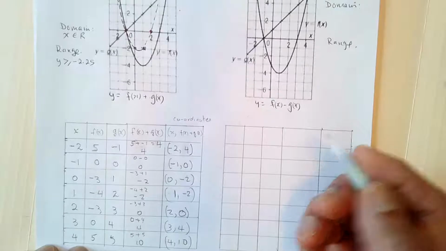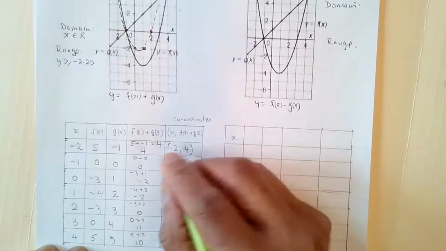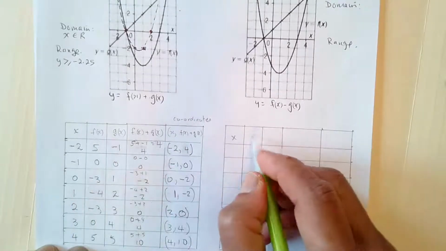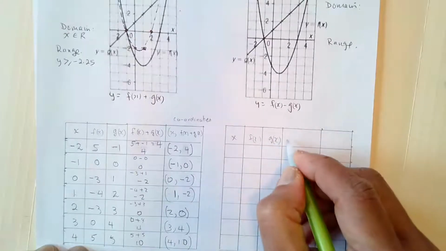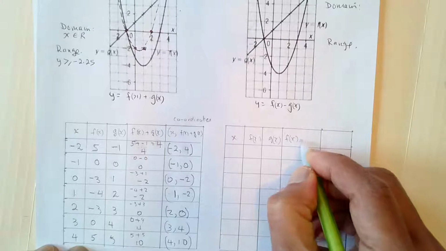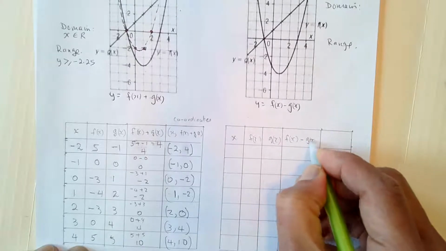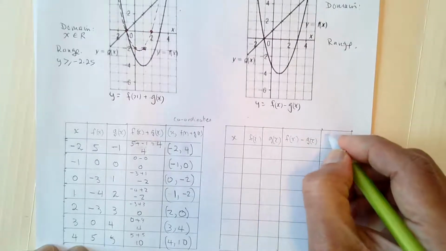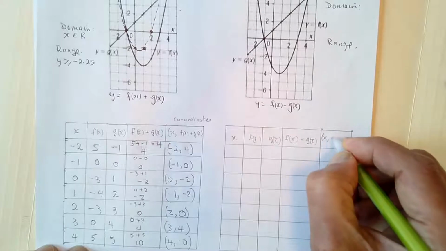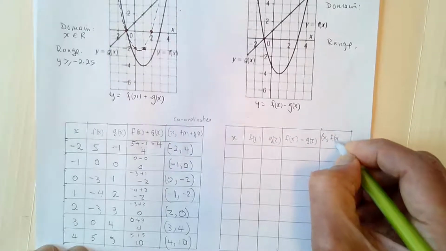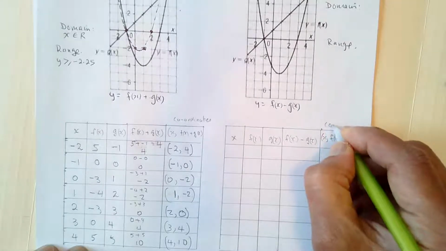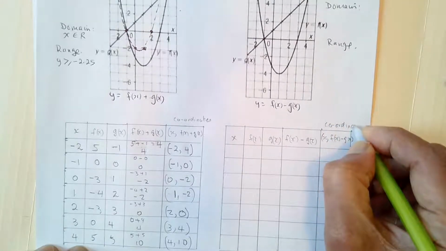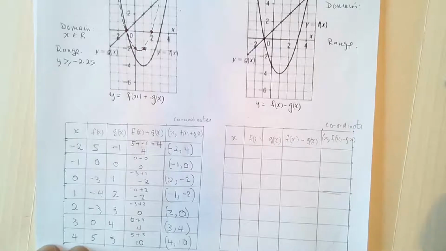We have a difference. So I follow the same process as here. We have f of x, g of x, but now we have f of x minus g of x. So my coordinate would be x, f of x minus g of x. These are my new coordinates for my combined function.